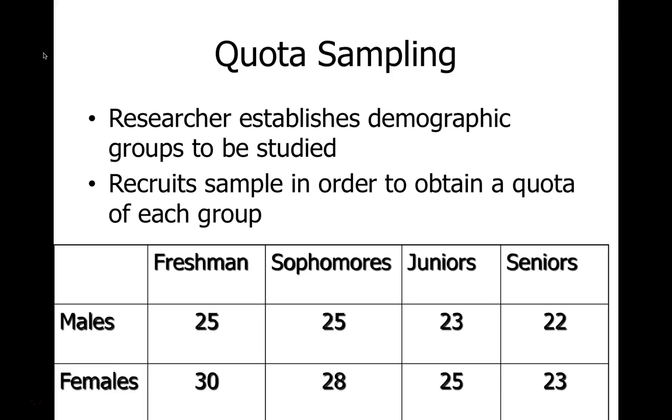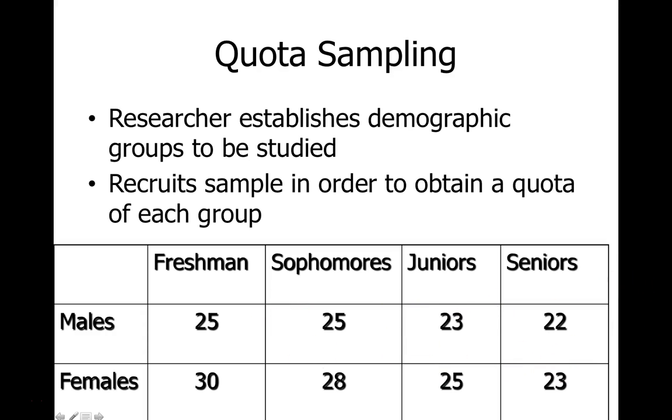So we may want to make sure that we get roughly equal numbers of men and women in each of our classes, if we're going with the college student example here, which is a typical way of doing sex research. We can use other sampling techniques to get these people, but we may be trying to fill certain cells and make sure we have enough of these kinds of people.